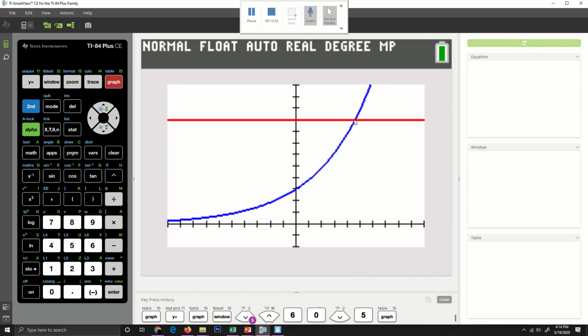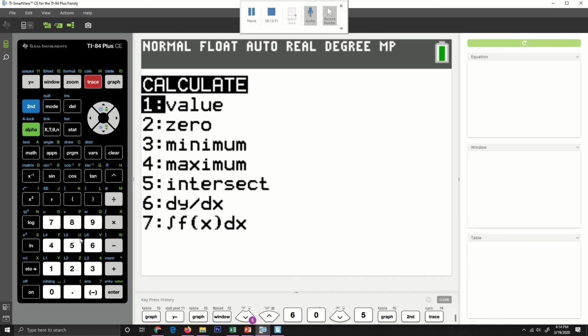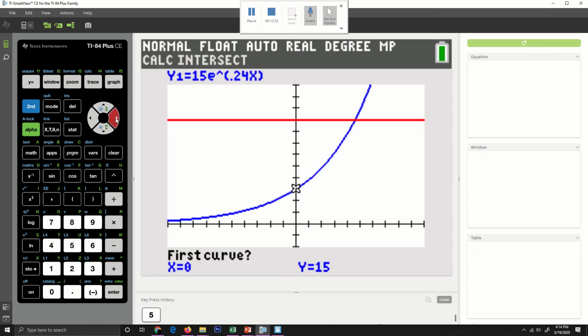So we want to find the point of intersection. And so we're going to go second. We're going to hit that trace button. We're going to hit the 5 for the intersect button. We're going to hit our right arrow key on the D-pad until we get close. That's close enough. I'll hit enter the 3 magic times.